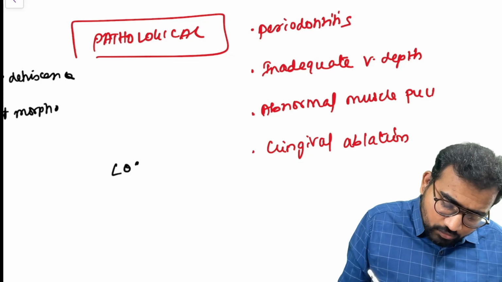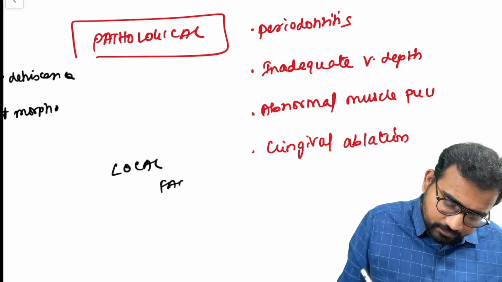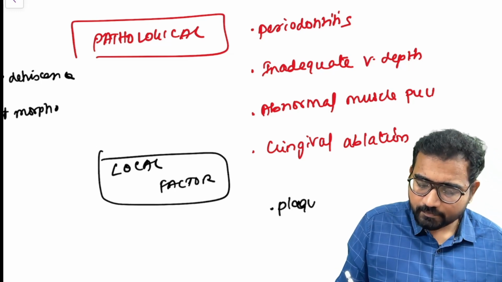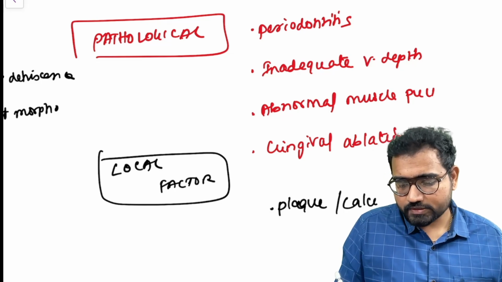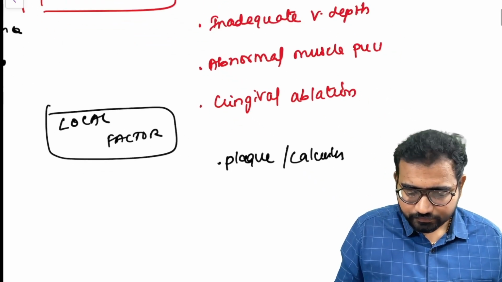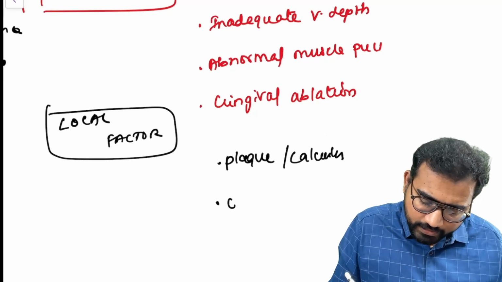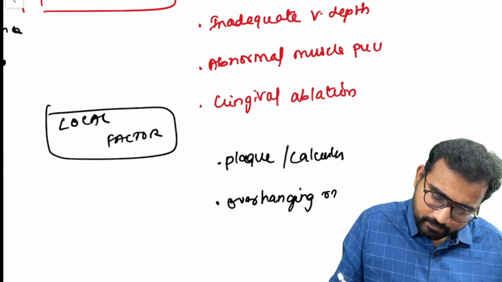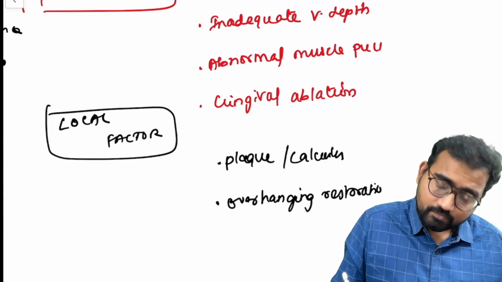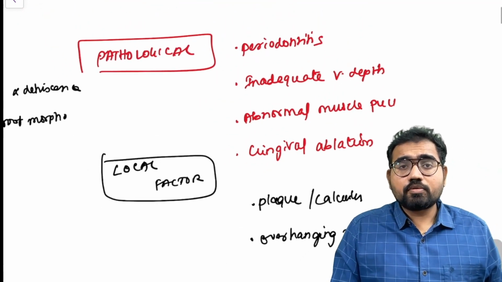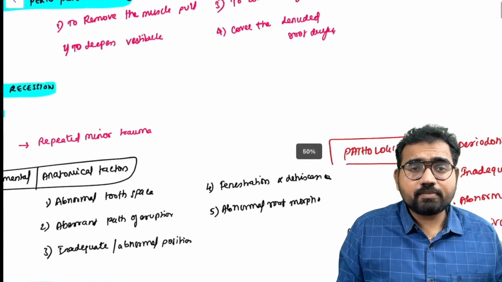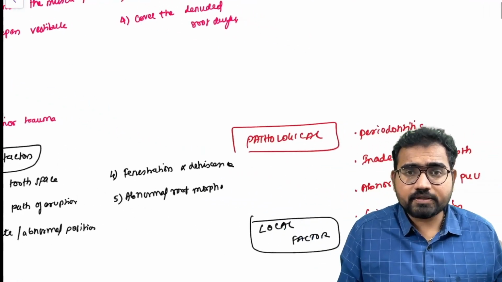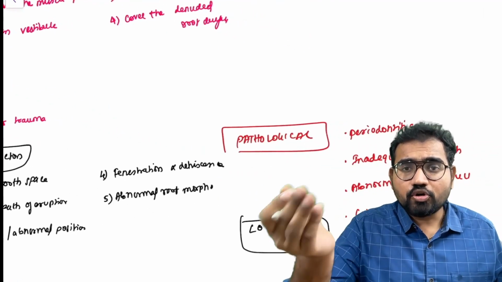Next are the local factors. Local factors will be plaque, calculus, or any overhanging restorations. So far we have seen age, repeated minor trauma, developmental and anatomical factors, pathological factors and local factors.